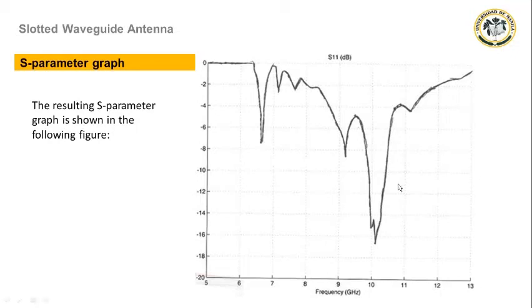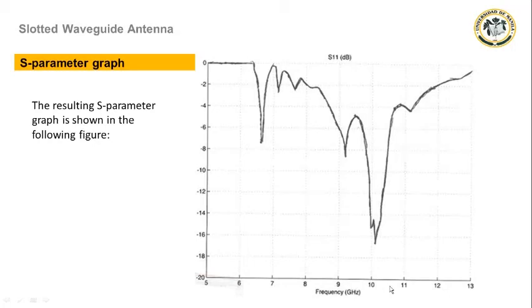Note that the antenna has a very large drop in S11 around 10 GHz. This indicates that most of the power is radiated away at this frequency. The bandwidth of the antenna extends from about 9.7 GHz to 10.5 GHz, giving a fractional bandwidth of 8%.